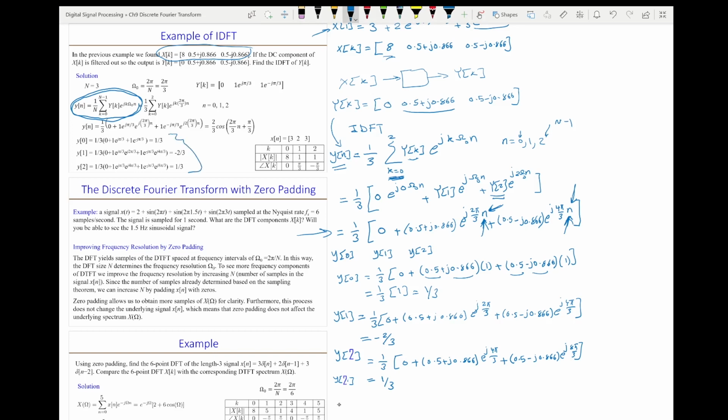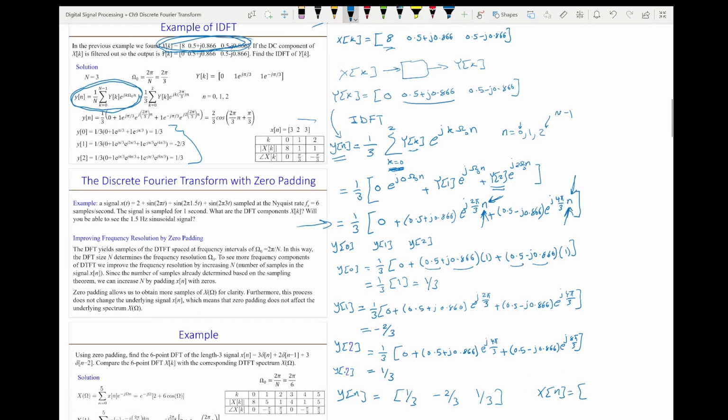So y of n. The original signal before eliminating the DC was x of n equals 3, 2, 3. And when you remove the DC here, we found X0 equals 8 in the discrete Fourier transform domain.